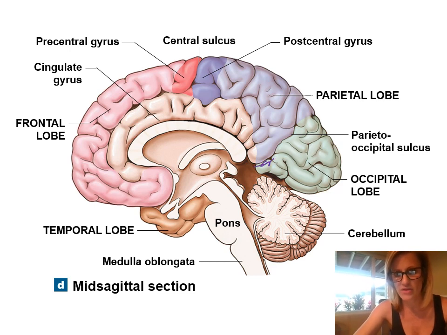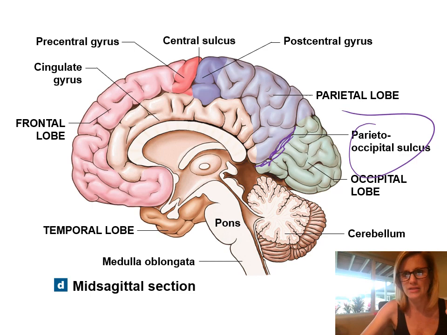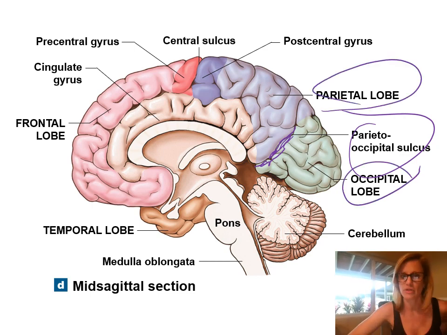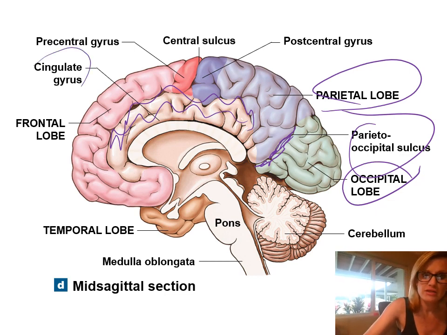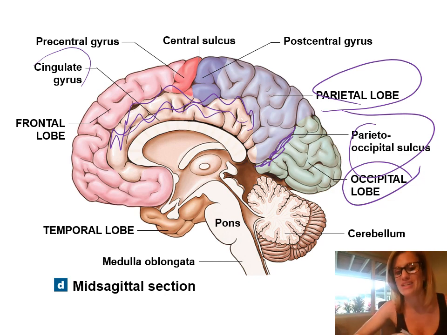So you see right here, this slit, that's the sulcus, where you can really see the difference between the parietal lobe and the occipital lobe. And then also on here, this area under here, where the cingulate gyrus is, the limbic lobe, that's the area where the insula is, the island of cortex.